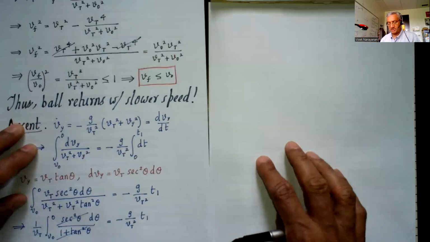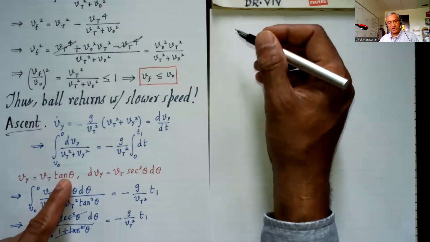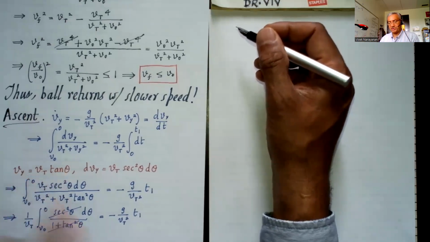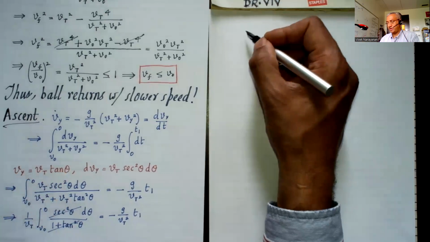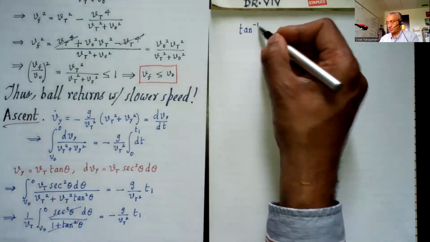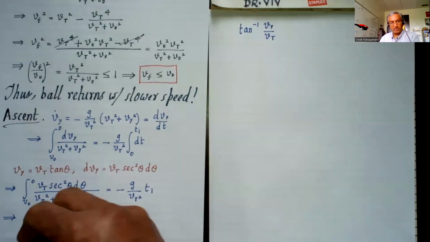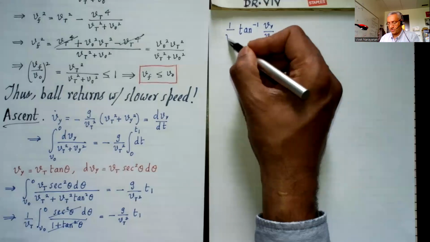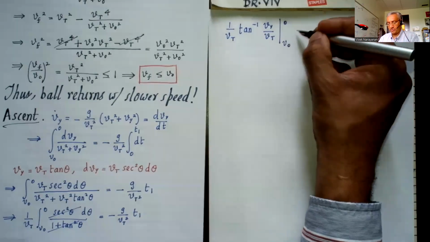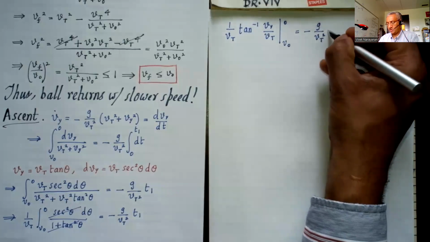However, theta is arctangent of Vy over Vt. So I'm going to write that result directly. So arctangent of Vy over Vt times 1 over Vt, don't forget, between the limits of V naught and 0 must be equal to negative g over Vt squared times T1.